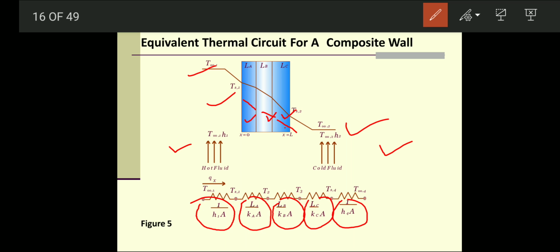KA is the thermal conductivity of the first slab, KB is the thermal conductivity of the second slab, and KC is the thermal conductivity of the third slab. On this side there is convection between the surface and the fluid, and on the second side again convection between the surface and the cold fluid, and heat is conducted from the first slab to the second slab to the third slab by conduction.